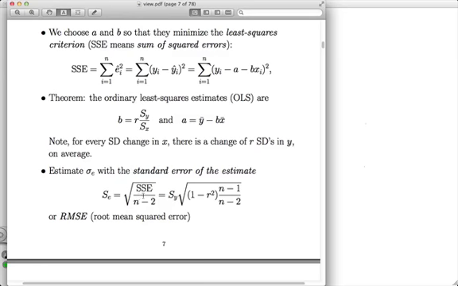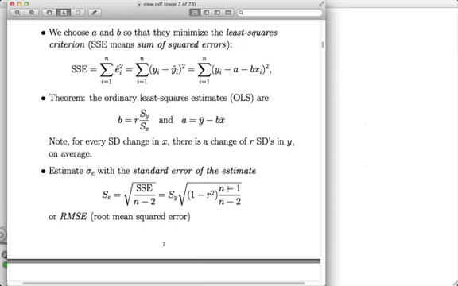Remember, variances are just the sum of squared errors divided by the sample size, so we'll do roughly that. And we're going to divide by n minus 2 instead of n minus 1 because we've got two parameters in this model that we have to account for, A and B. It turns out that the square of this will be an unbiased estimate of the error variance.